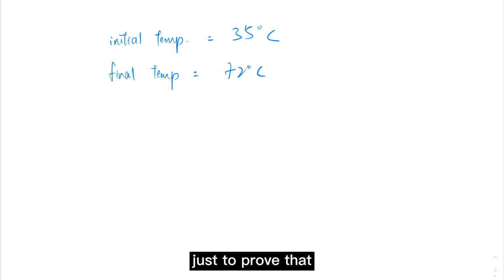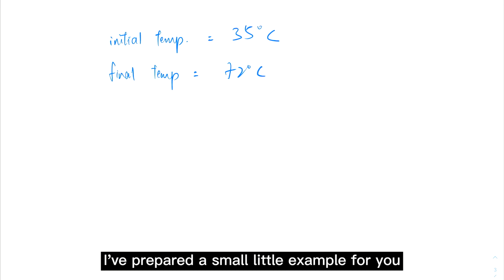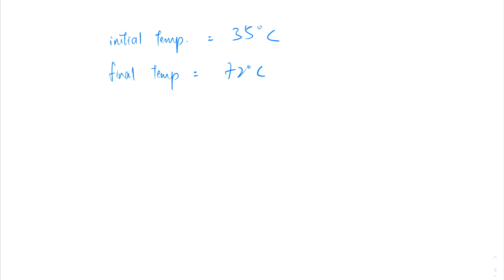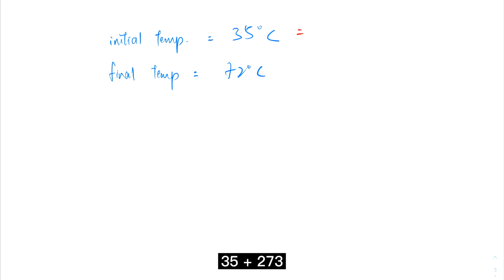Just to prove that the difference in Celsius and the difference in Kelvins are the same, I've prepared a small little example for you. So the initial temperature of something is 35 degrees Celsius, while the final temperature is 72 degrees Celsius. Now, in Kelvins, both of these are equals to 35 plus 273, that's 308 Kelvins, and 72 plus 273, that is 345.